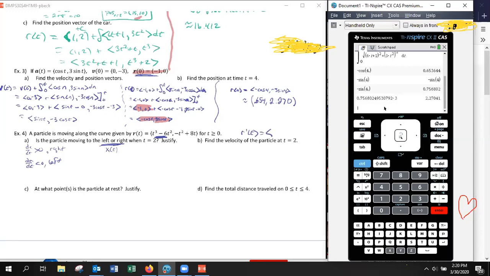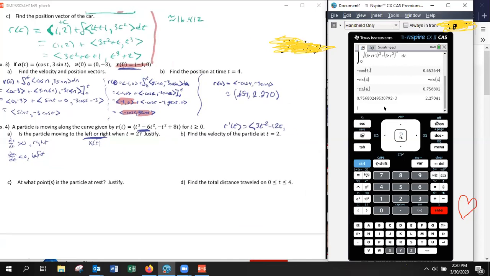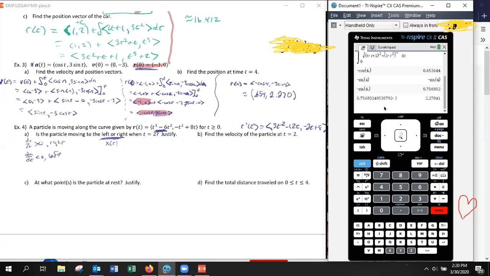R prime of t is 3t squared minus 12t, comma, negative 2t plus 8. So my x prime of t is 3t squared minus 12t. What is x prime of 2? That's 12 minus 24, which is negative 12. Since x prime of 2 is less than 0, we are moving to the left.